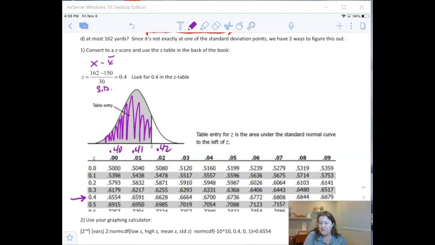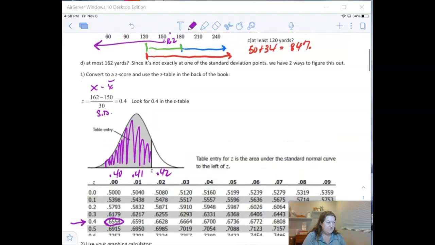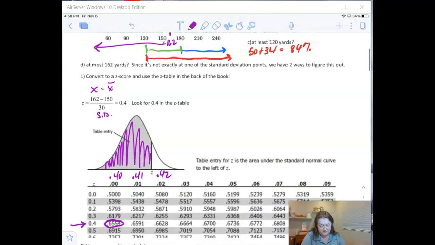You get the idea. Okay, so I'm looking for a 0.4 exactly. So I'm going to pick this first amount as my probability. So I'm going to say that my answer from up there is 0.6591 is the probability. So 65.91% probability for 162 yards.